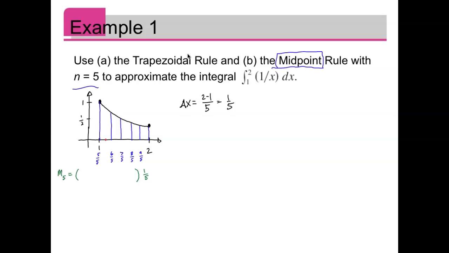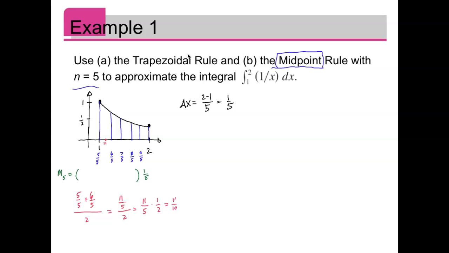Yeah, you just average them, right? So we're just going to add them and divide by 2. So 5/5 plus 6/5 divided by 2. 11/5 divided by 2. That's 11/5 times a half. That's 11/10. Everybody agree with that?